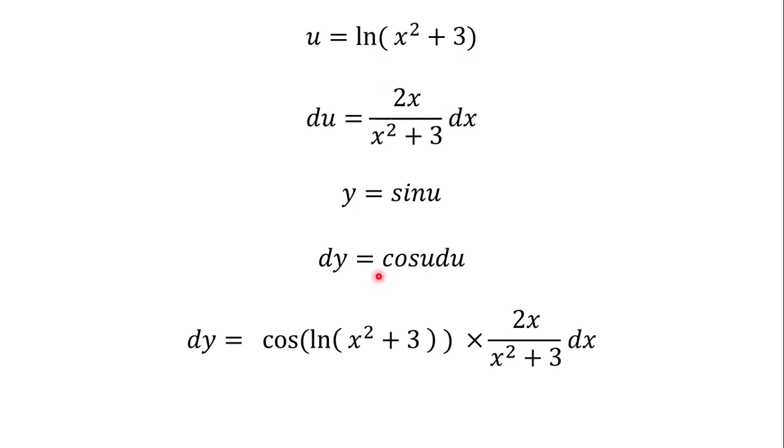So when we come here, we just put natural log of x squared plus 3 here, and when we do that, we're gonna get cos of natural log of x squared plus 3. Then we multiply by du. What is du? du is equal to 2x over x squared plus 3 dx. So let's just multiply and find what we are going to get at the end of the day.